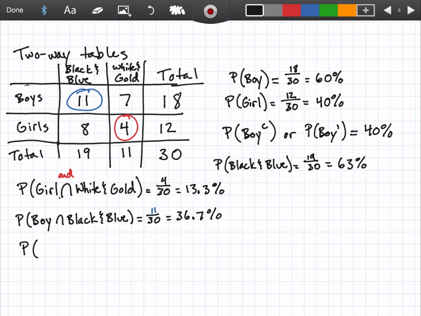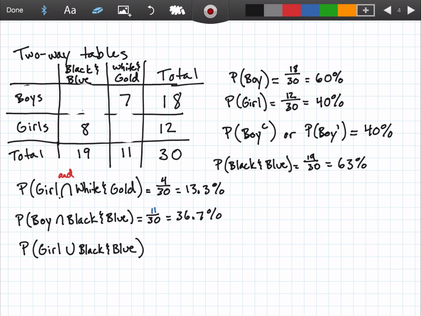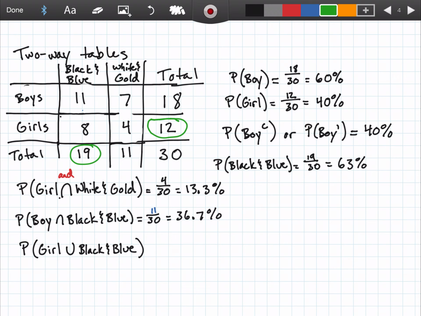The probability that someone is a girl or they see black and blue. I'm going to erase these here for a second, just so they're not also highlighted. Okay, so the probability that someone is a girl, well, I see that's 12. And the probability that someone sees black and blue is 19.